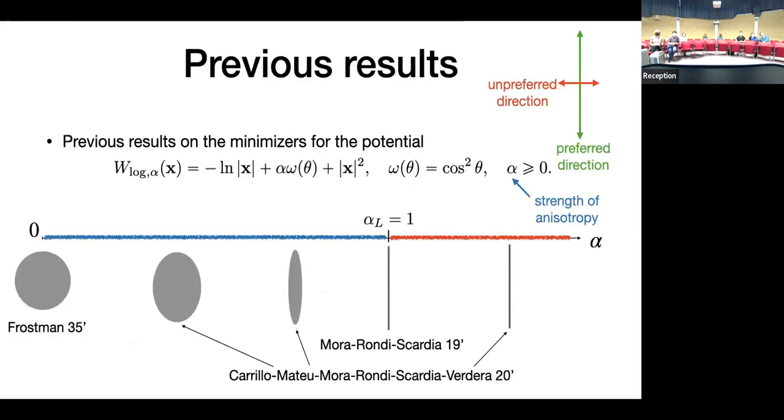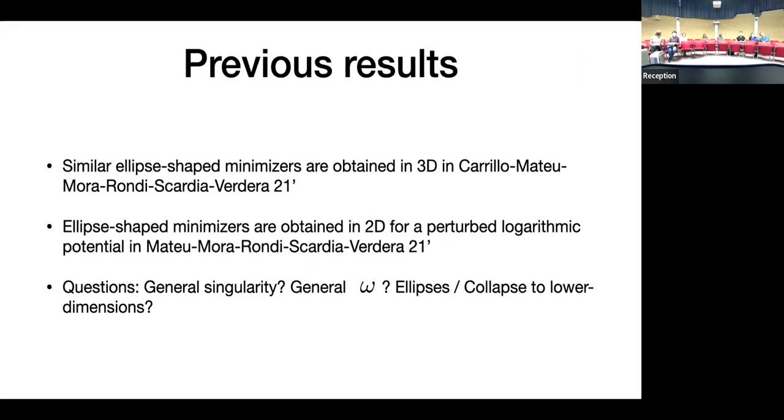Do you still expect this kind of nice behavior? And also, what about general omega? Here we have the result for general omega if the magnitude of anisotropy is small, but what if it is large? The main questions are: do we still have those ellipse-shaped minimizers? And also, do we still have the collapse to lower dimension for the minimizers?